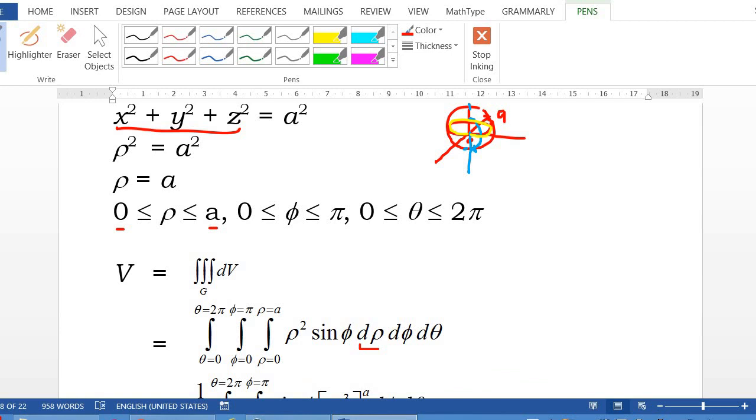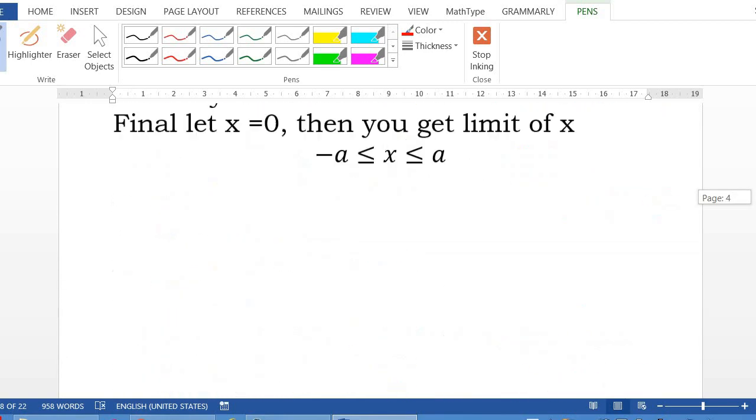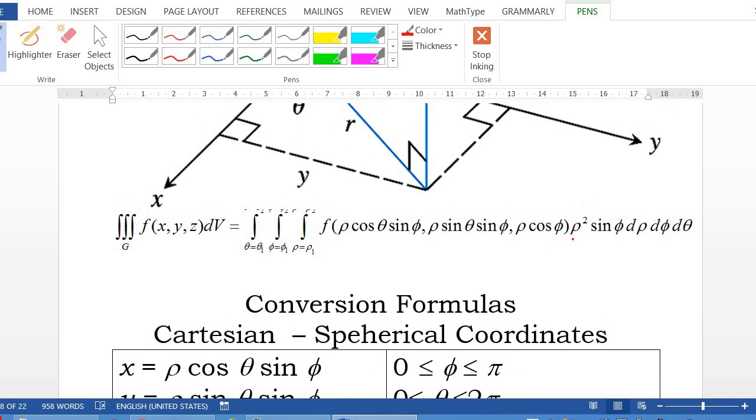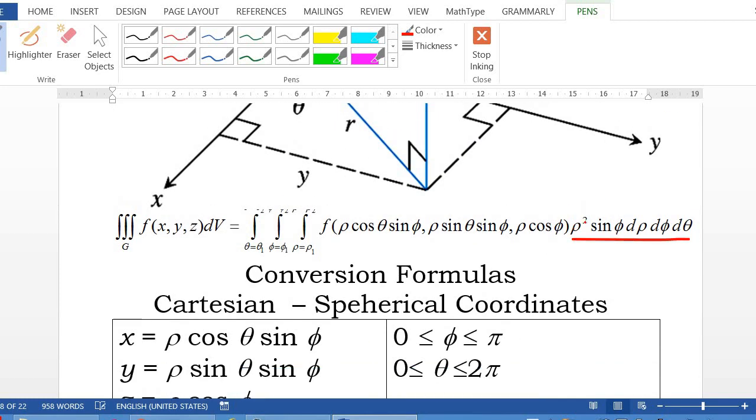Hence, the volume is given by the triple integral of 1 dV. As said just now, dV is rho squared sin phi d rho d phi d theta.